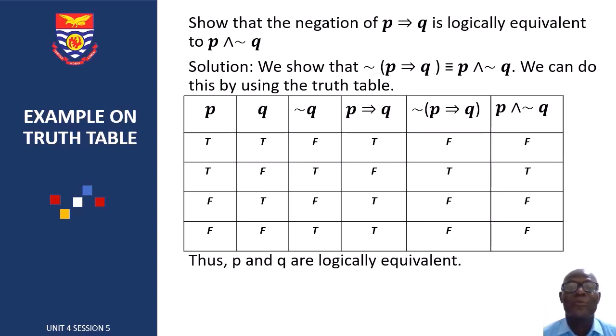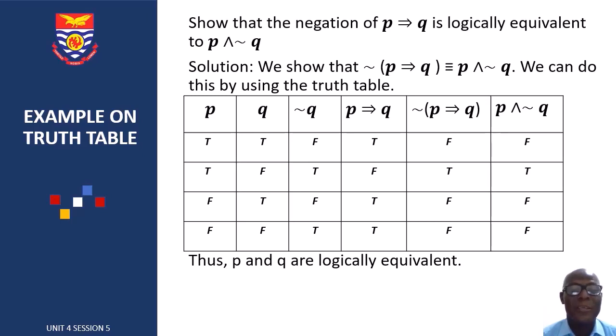And since we want to find the negation of P implies Q, we have to find P implies Q first. If P is true and Q is true, then P implies Q is true. If P is true and Q is false, then P implies Q is false.